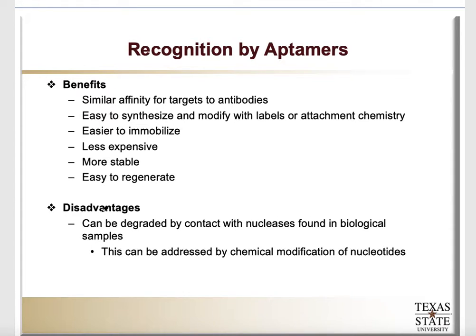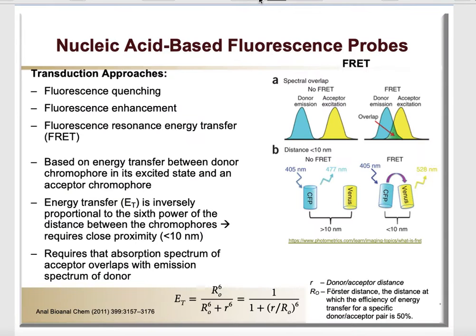Now, the disadvantage of aptamers is that they can be degraded by nucleases, as I mentioned. However, their stability can be improved by chemical modification, as I mentioned in one of the early slides.